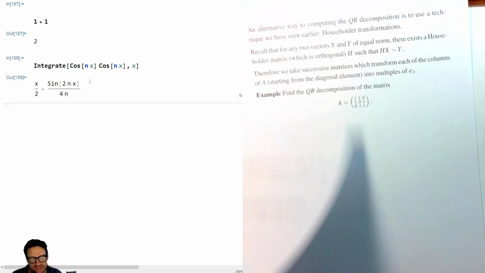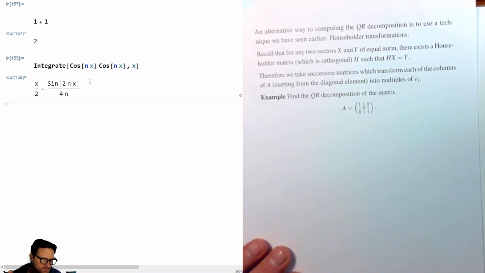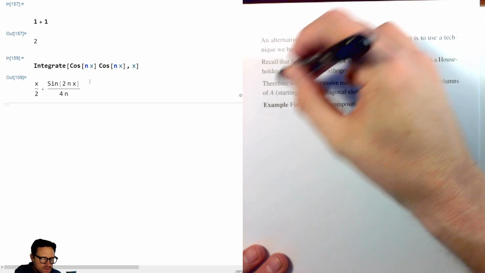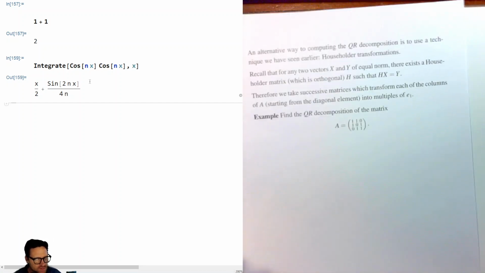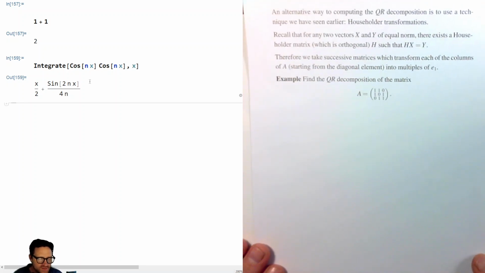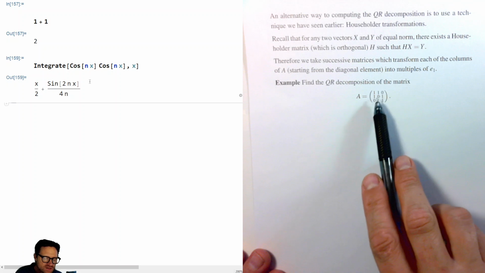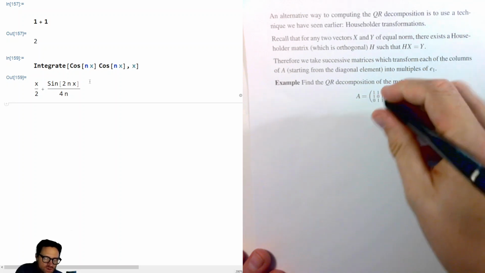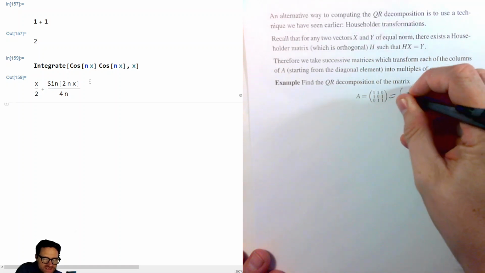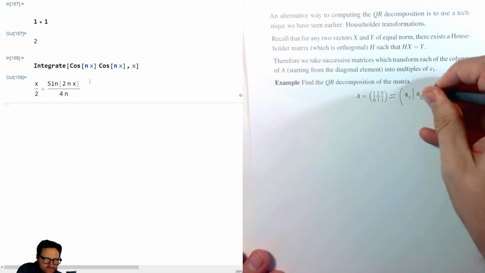Now for the example. You can ignore the top of this, so let's just talk about the example. Find the QR decomposition of the matrix with rows 1, 1, 0; 1, 0, 1; 0, 1, 1. Remember we need to set this out as the concatenation of 3 columns.